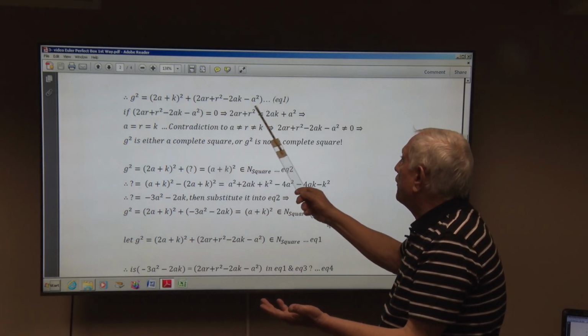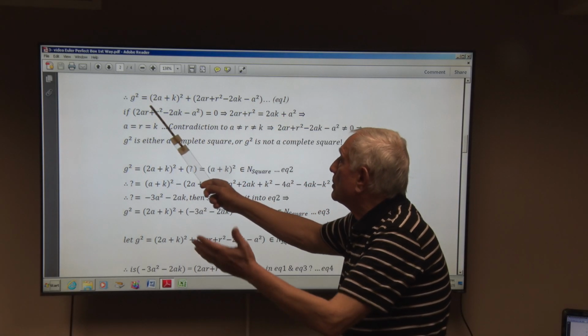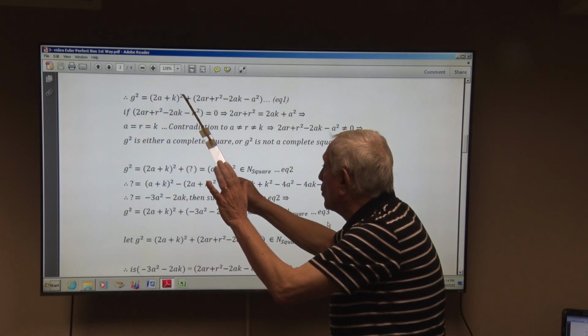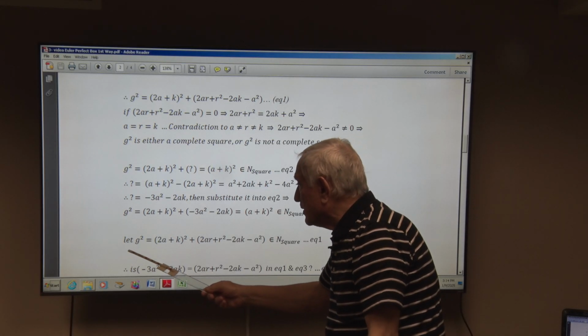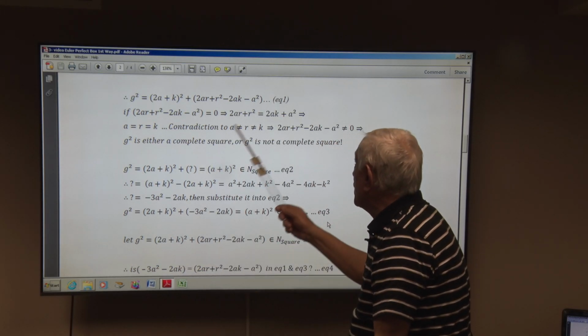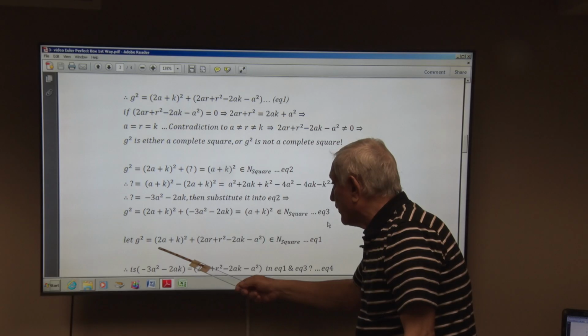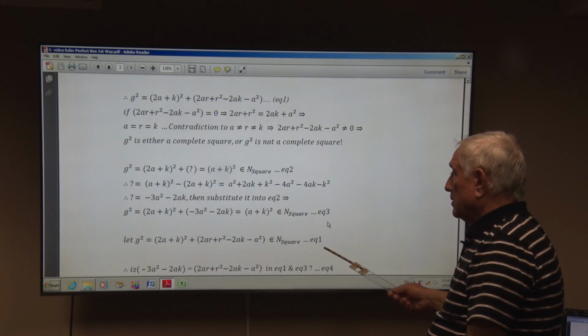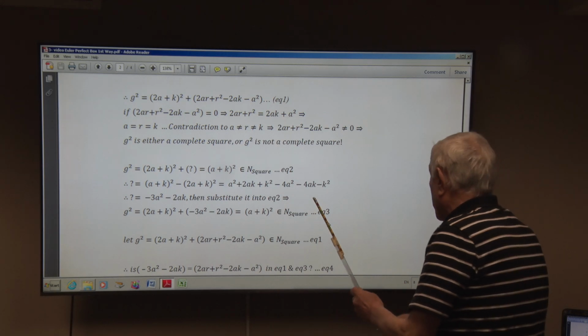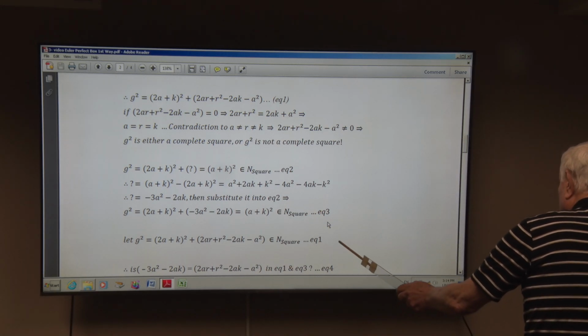And the first one is unknown, square or not, we don't know. But I am going to tell let g square in equation 1 belong to square.